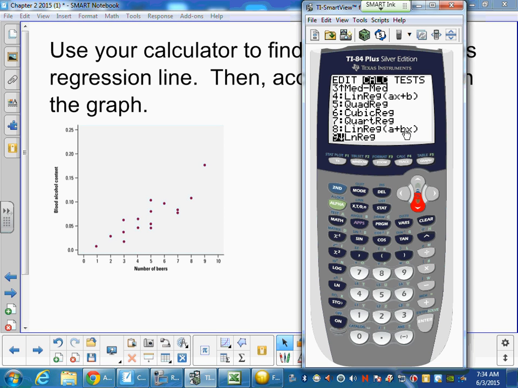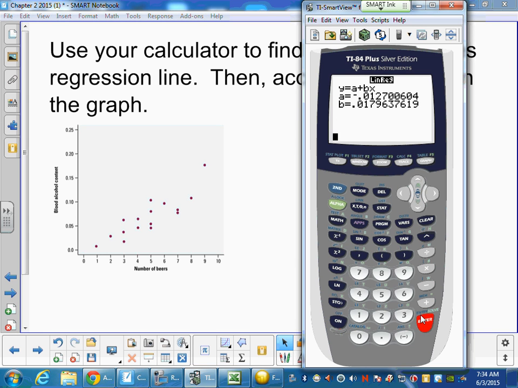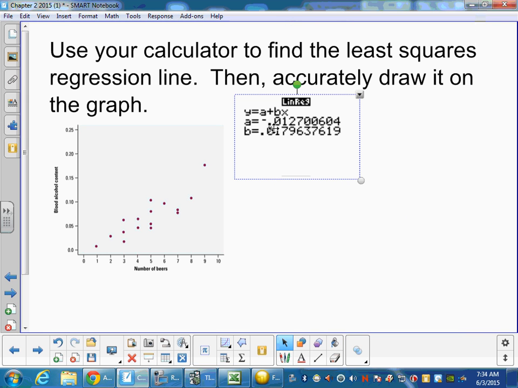The only difference is on number 8, they use b as slope, and we're going to use b referring to slope a lot of times in this class. So I typically like to do number 8 so it doesn't confuse people. And we want list L1 and L2, and so we can just hit calculate, and now it gives us our a value and our b value.